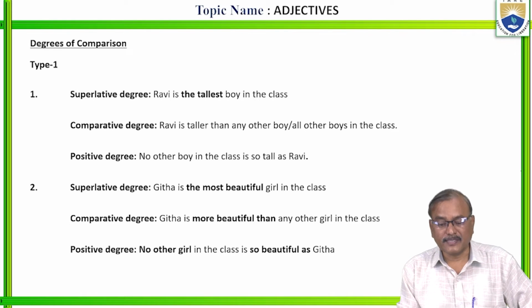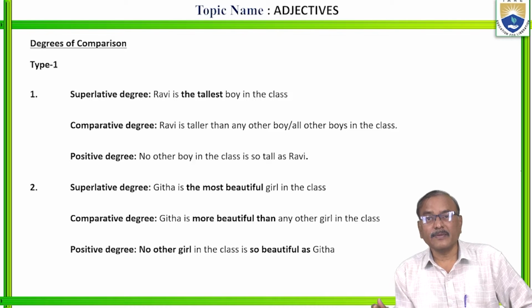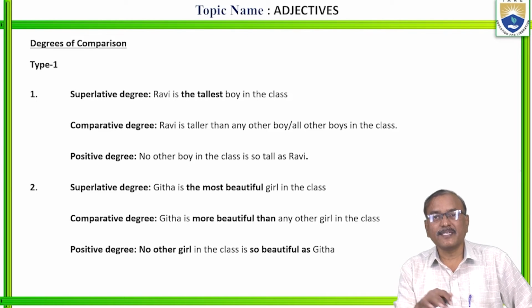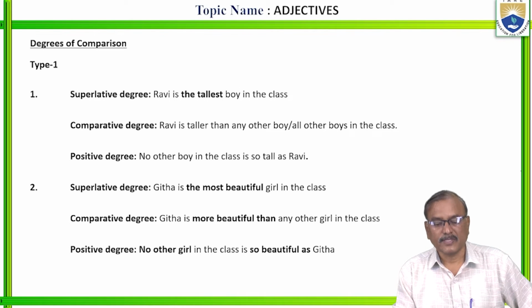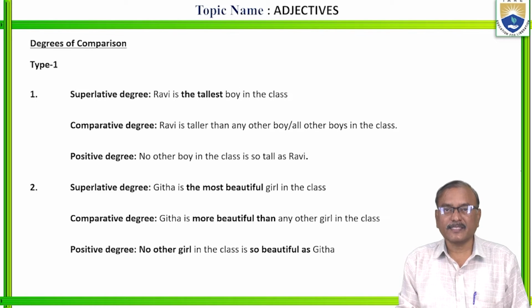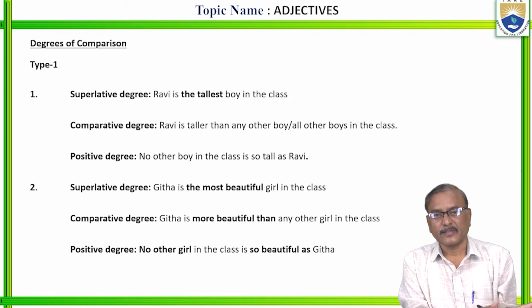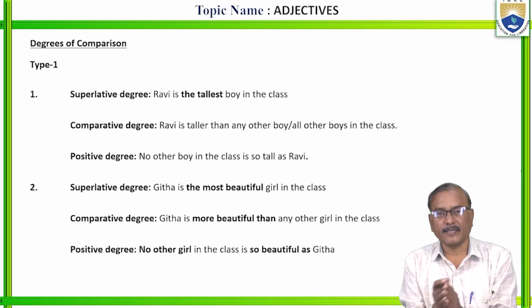The same adjective can be changed into another degree without change in the meaning. So let us see. This comes under transformation of sentences from one degree to another degree. This comes under degrees of comparison, adjectives only, but it can also be covered in transformation of sentences from one degree to another degree. Right?